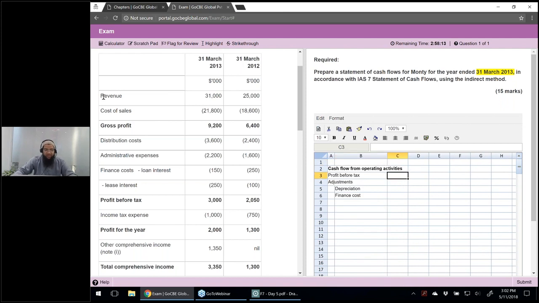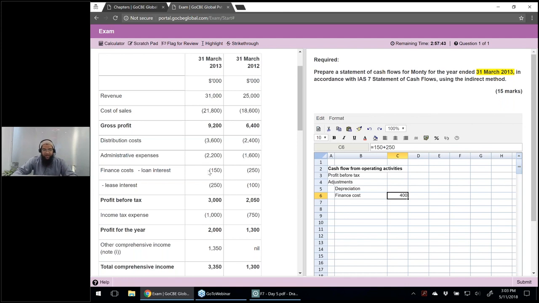Now the question has given us revenue, cost of sales, gross profit, distribution cost, administrative expenses, and then we have finance cost, which includes loan interest of 150 and lease interest of 250. So we are going to add back this interest, 150 and 250. Both of the interests will be added back because whether it is loan interest or lease interest, both are interest and a part of finance cost.